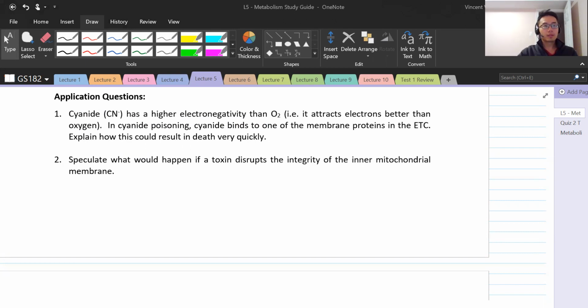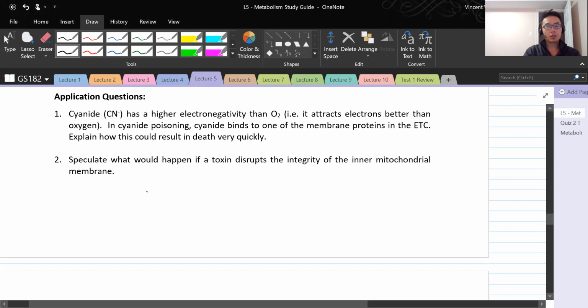Cyanide has a higher electronegativity than oxygen, which means it attracts electrons better than oxygen. In cyanide poisoning, cyanide binds to one of the membrane proteins in the ETC. Explain how this could result in death very quickly.